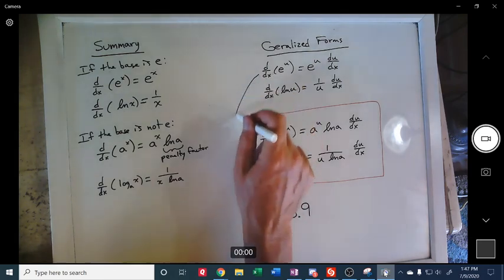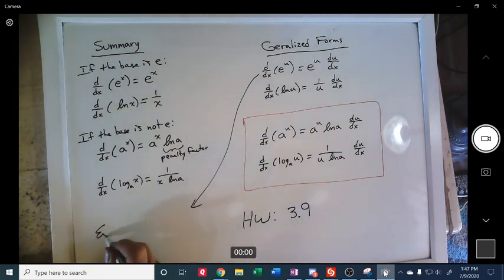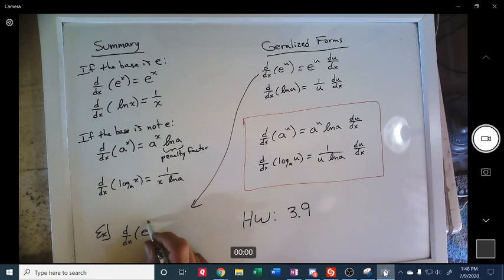So an example of this would be the derivative of e to the 5x cubed plus 4.